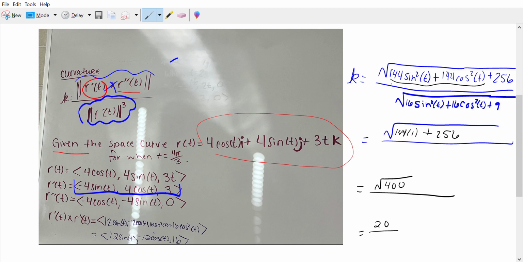Something you want to make sure you don't forget, because I did, is that we don't leave off the cubed, because that is part of the formula.